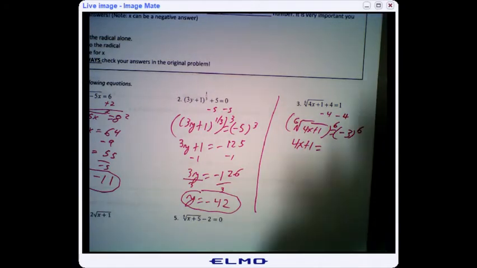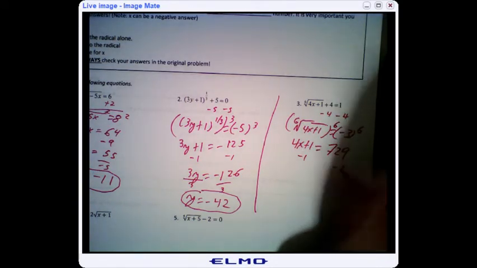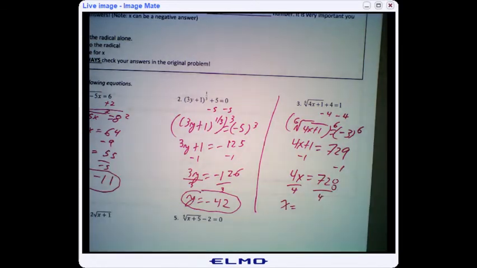So we're going to get 4x plus 1 equals 729. We subtract 1. 4x equals 728. Divide by 4. x equals 182.